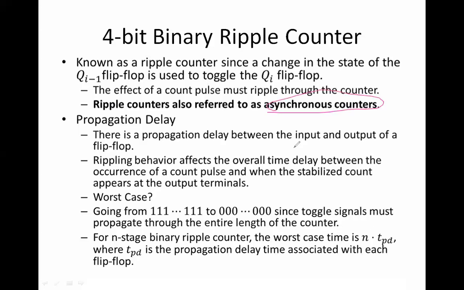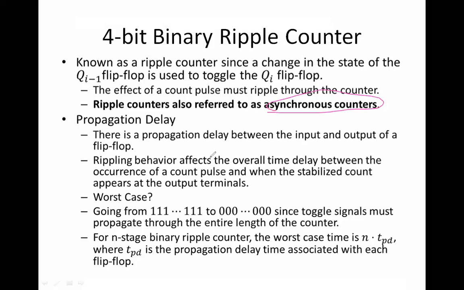Then propagation delay. There is a propagation delay between input and output of a flip-flop, which means if you have to pass one value from the first flip-flop to the last flip-flop, then it takes a lot of time. That is because of this ripple effect that needs to happen from one point to another point. It has to keep passing through.